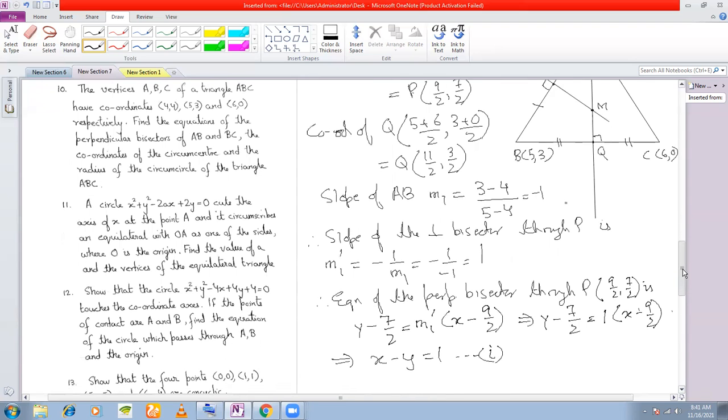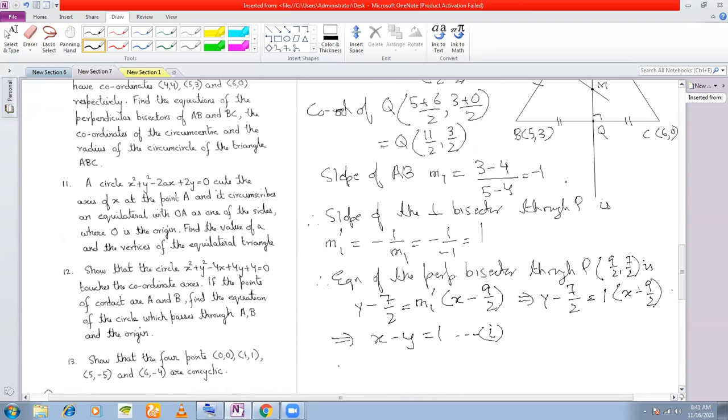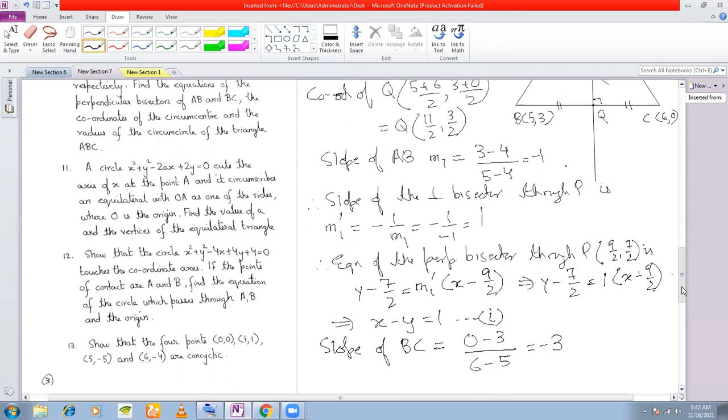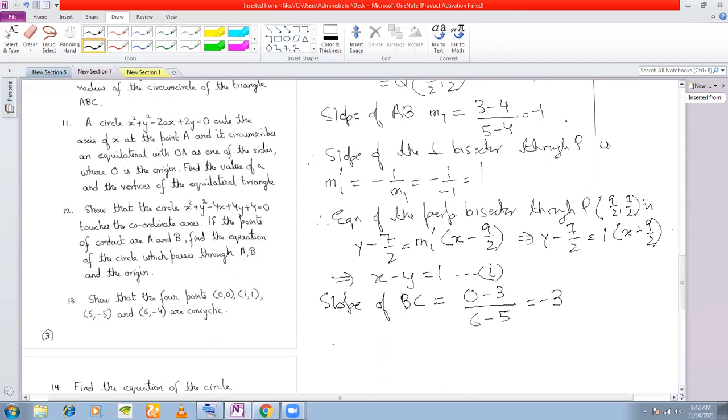Similarly, we find out the equation of the perpendicular bisector through Q. So let's first find out the slope of BC. Slope of BC is y2 minus y1, 0 minus 3 divided by 6 minus 5, which is equal to minus 3. We have got the slope of BC. Now we can find out the slope of the perpendicular.